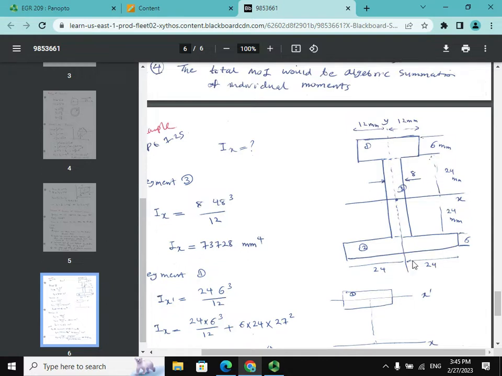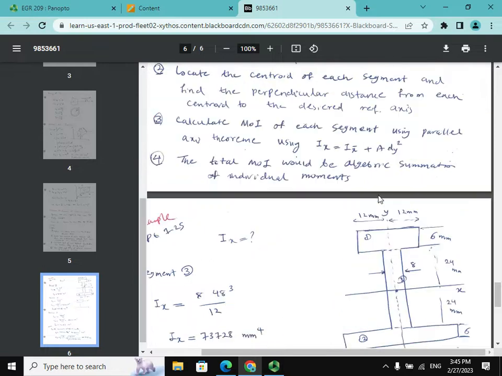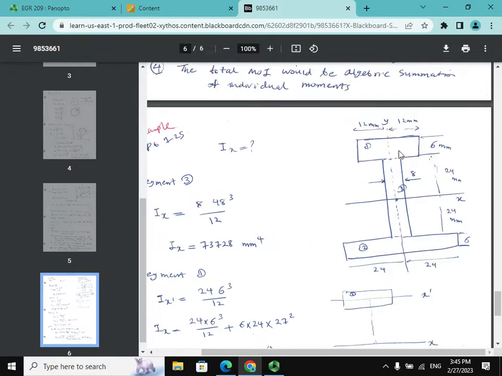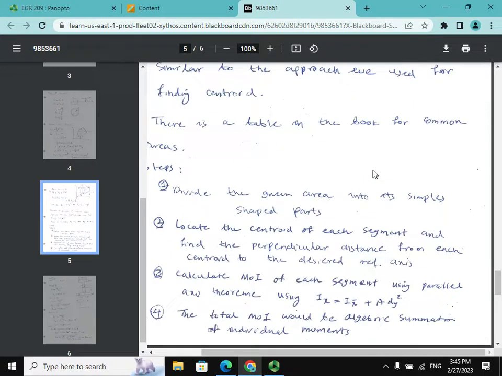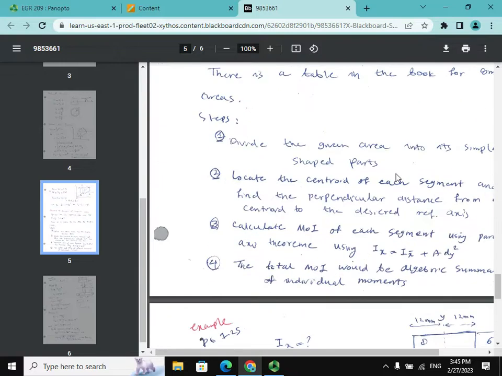It has one axis of symmetry, the vertical one. If you want to find the moment of inertia of this, we have 3 rectangles. I'm going to show you next how we can find the moment of inertia for shapes like this.